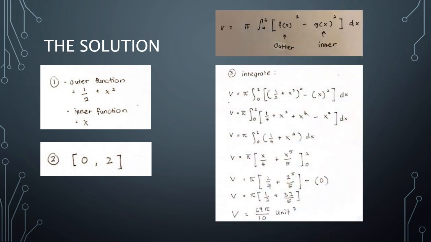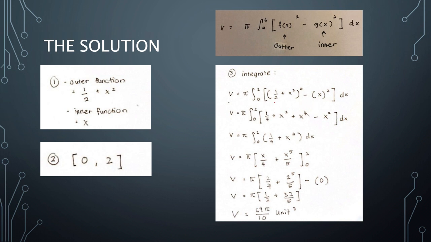So these are the steps. We use the formula and substitute the values that we got: pi times the integral from 0 to 2 of the outer function, 1 over 2 plus x squared, minus g(x), which is the inner function x, squared, dx.